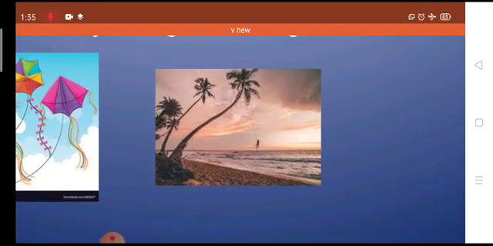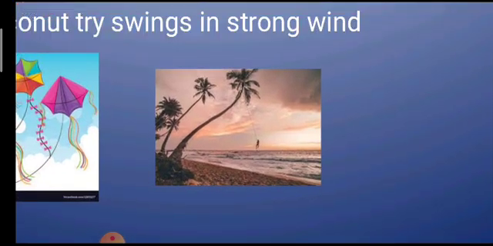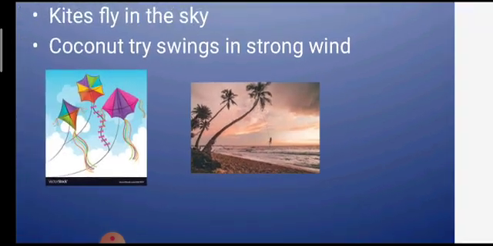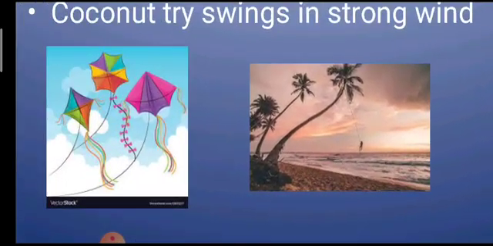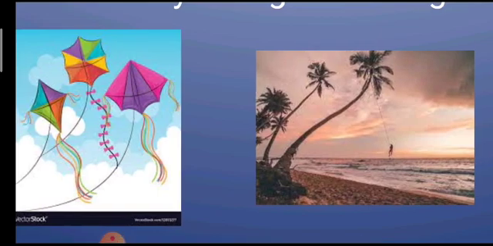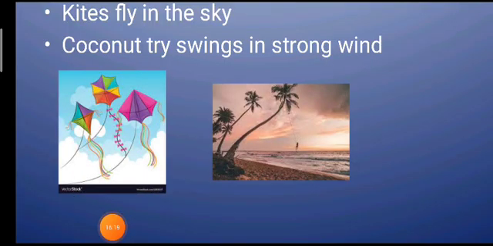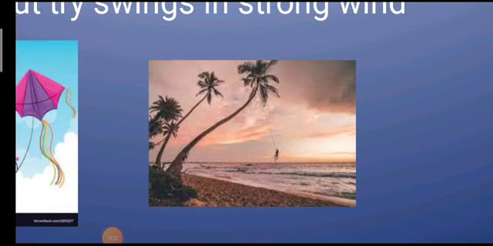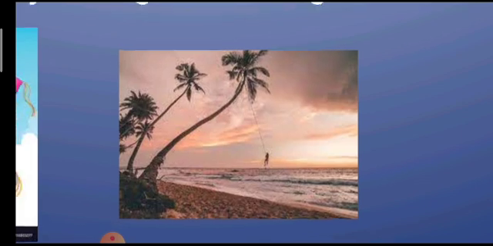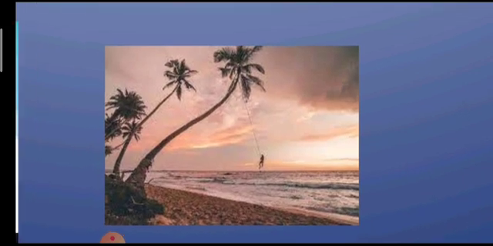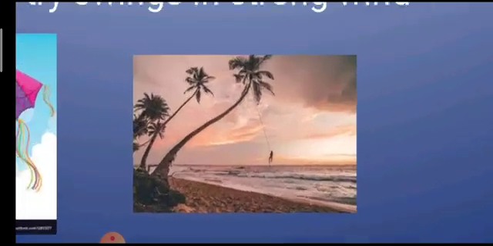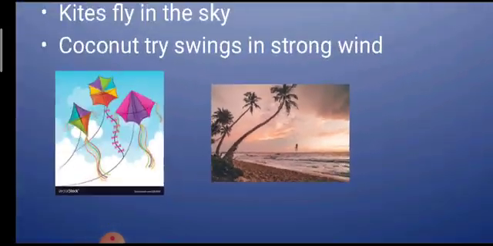See, can you see this picture? The coconut trees are swinging with the help of wind. When there is a heavy wind, all trees start swinging. This is because of the enormous energy present in the wind.